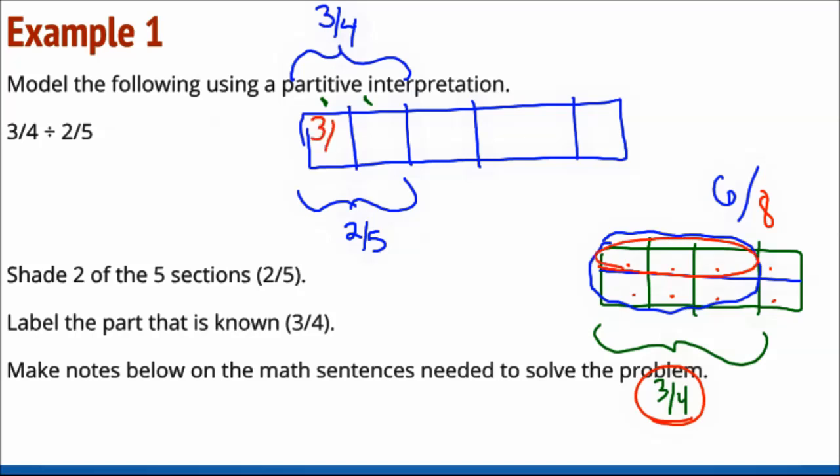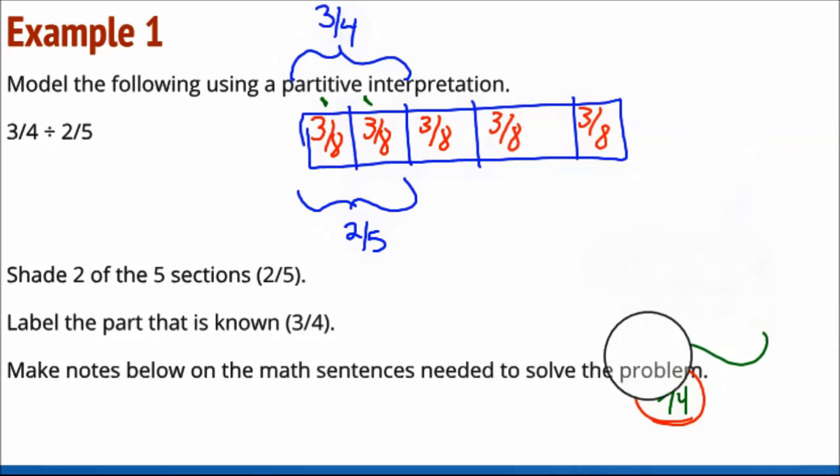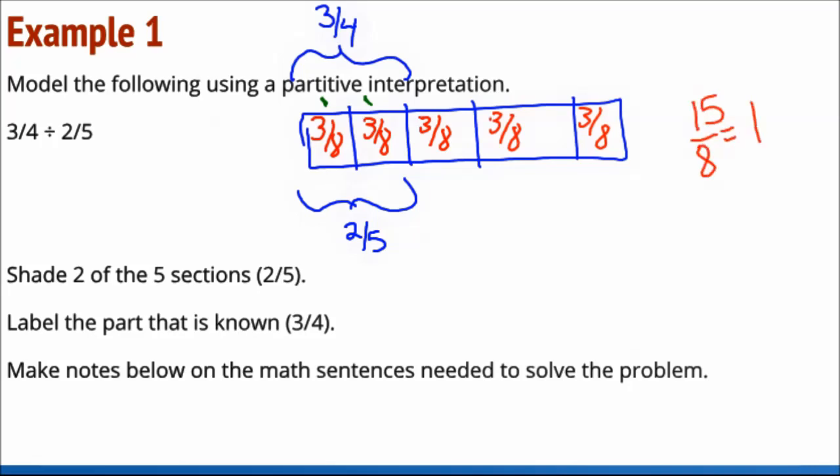So here I have 3/8, 3/8, 3/8, 3/8, and 3/8. And I can add all this up. So 3/4 is 2/5 of 3, 6, 9, 12, 15, which will give me 1 and 7/8.